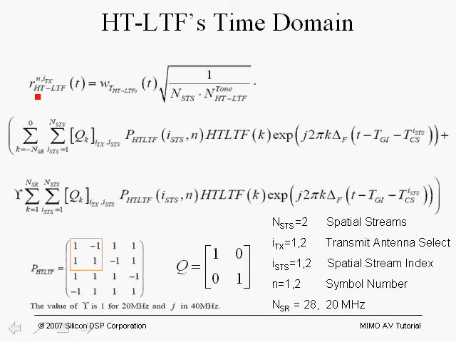In the case of two transmit chains, ITX is the index for the transmit chain, so ITX in this case will range from 1 to 2. So R n comma ITX, where ITX is either 1 for the first transmit chain and ITX is equal to 2 for the second transmit chain, and n is equal to 1 for the first symbol and n equals 2 for the second symbol.